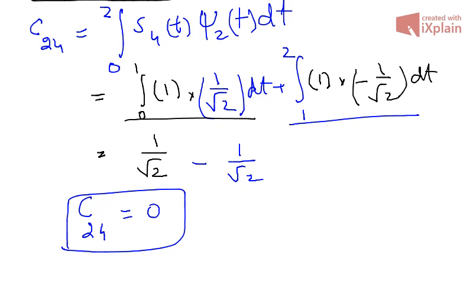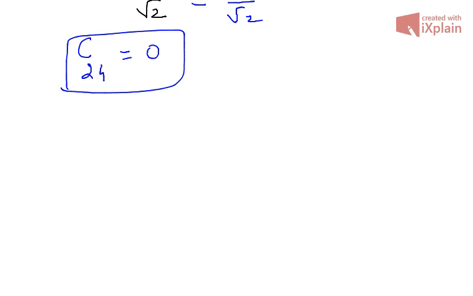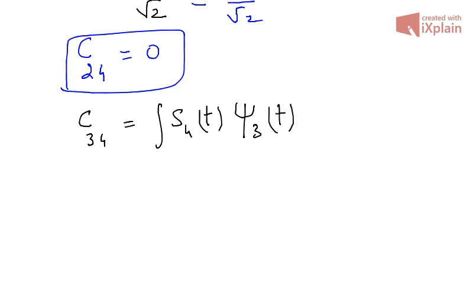Now we have to find C34, the image of this signal over the third basis function, that is, the integral of S4 of t times psi 3 of t dt.